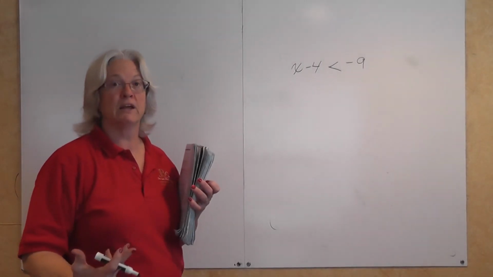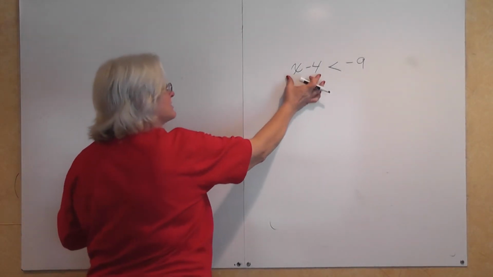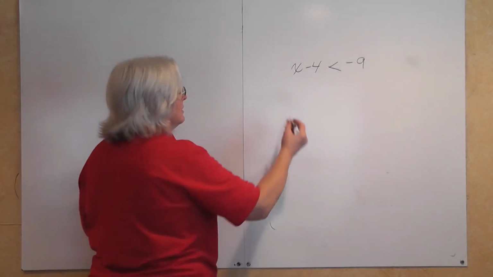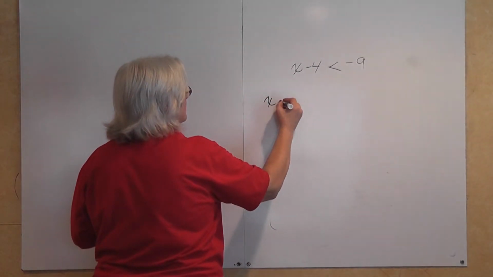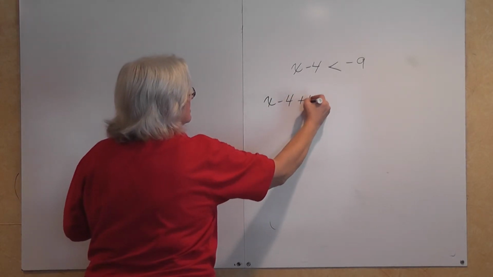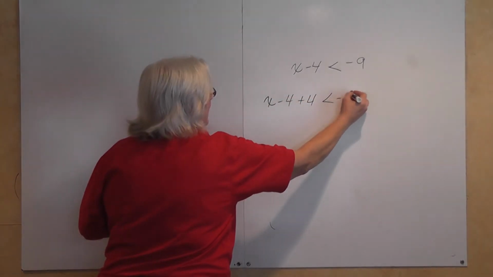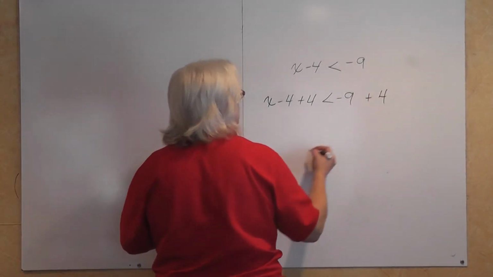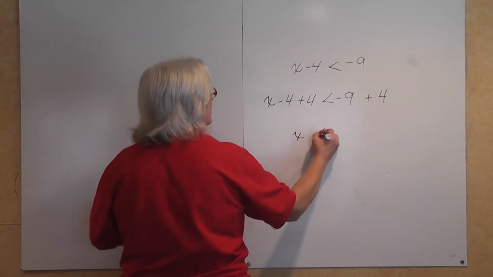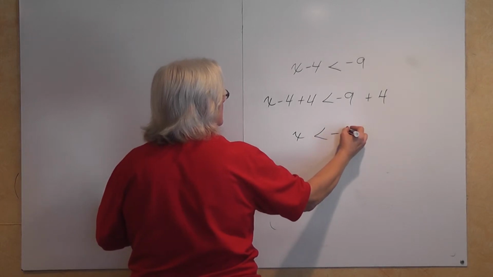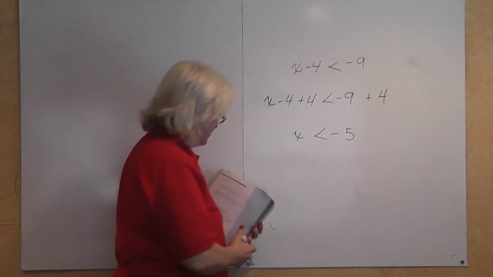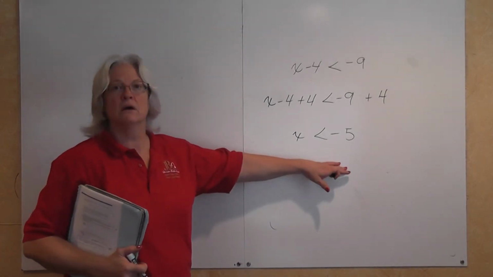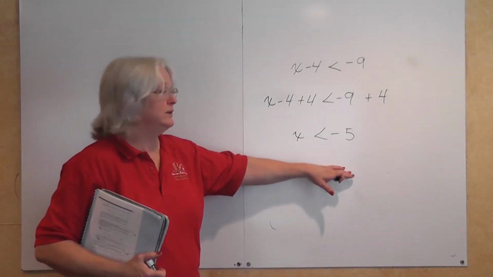We want to isolate that variable. What has been done to the x? We've subtracted 4. The inverse of subtraction is addition. So we are going to add a 4 to both sides of our inequality, and we see that for our solution we have x is less than a negative 5.